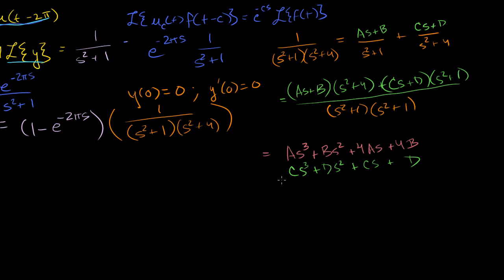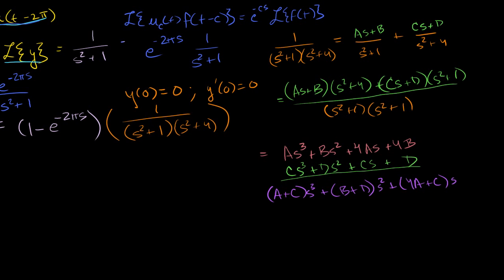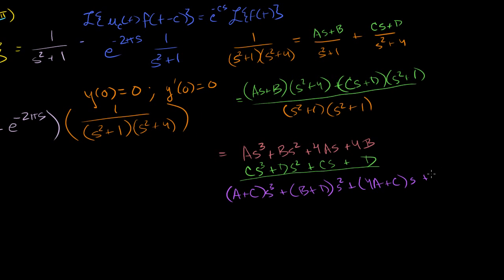So when you add all of these up together, and this is all the algebra that we have to do for better or for worse, you get a plus c times s to the third plus b plus d times s squared plus 4a plus c times s, scroll over a little bit, plus 4b plus d. And now we just have to say, OK, so do we see any?